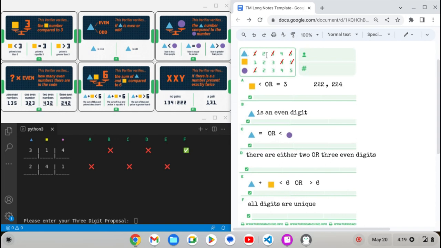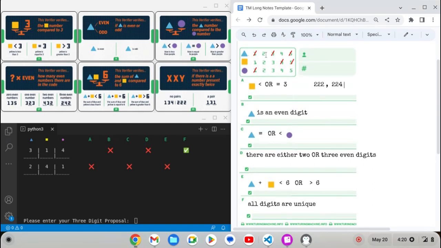So in both those cases, triangle is less than 3. Triangle is even. In both cases, triangle is less than circle.